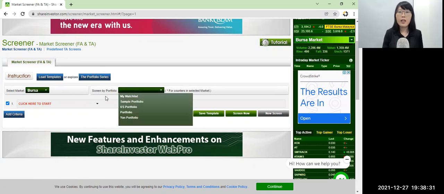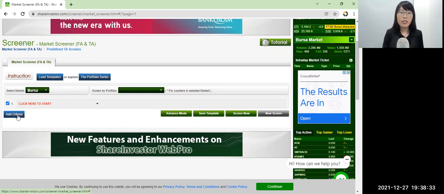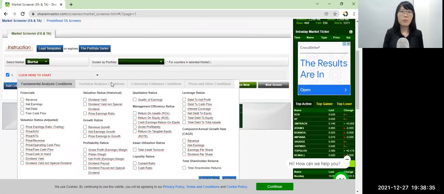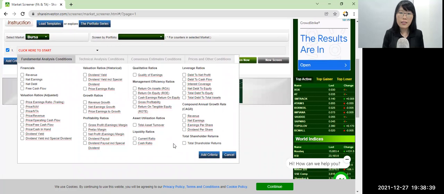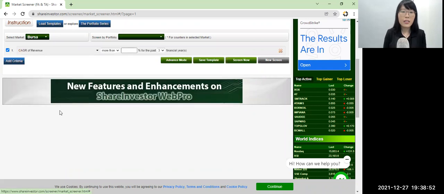For example, you can click on add criteria. Then you can choose compound annual growth rate, CAGR, for revenue. Then you click add criteria. So you can insert the details: more than 5% for the past 5 years.